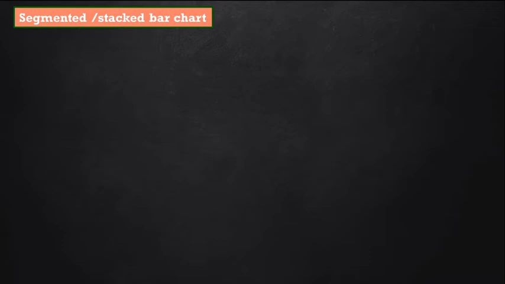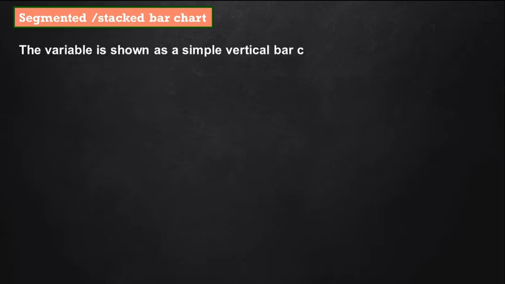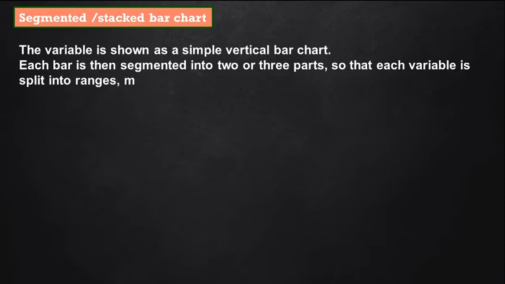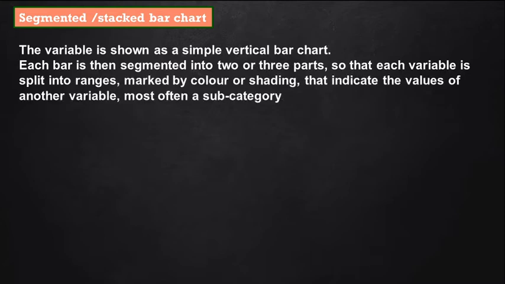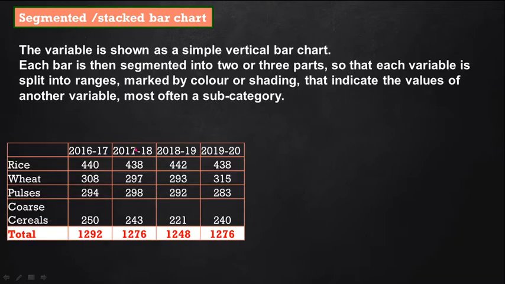segmented or stacked, or you can say component or divided bar diagram. In this, we have a simple bar chart where each bar is broken into different categories, that is, each will have different colors. So, this color will represent the particular subcategory. Let us see one example. In 2016 the total area under cultivation is 1292 lakhs hectare.